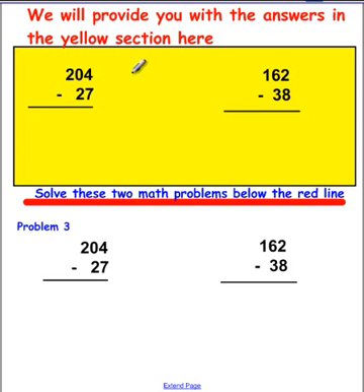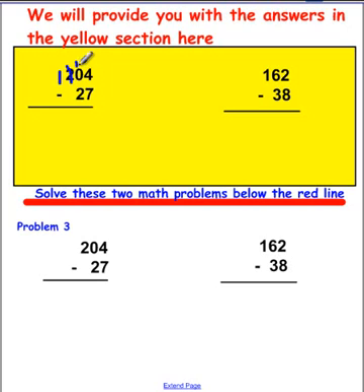Okay, let's solve the first one. You'll notice again that the 7 is larger than the 4, so we must regroup. However, we have a problem here. We have a 0. So we must go one more column over, and that would be the hundreds. So we're going to take 100, and I'm going to draw a line through the 2, so now we know we have a 1. And we bring a 10 over, so now that's 10.